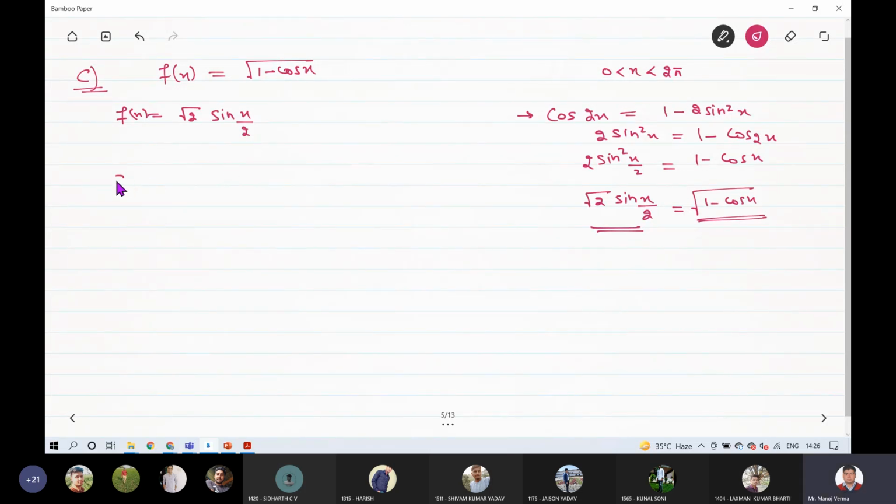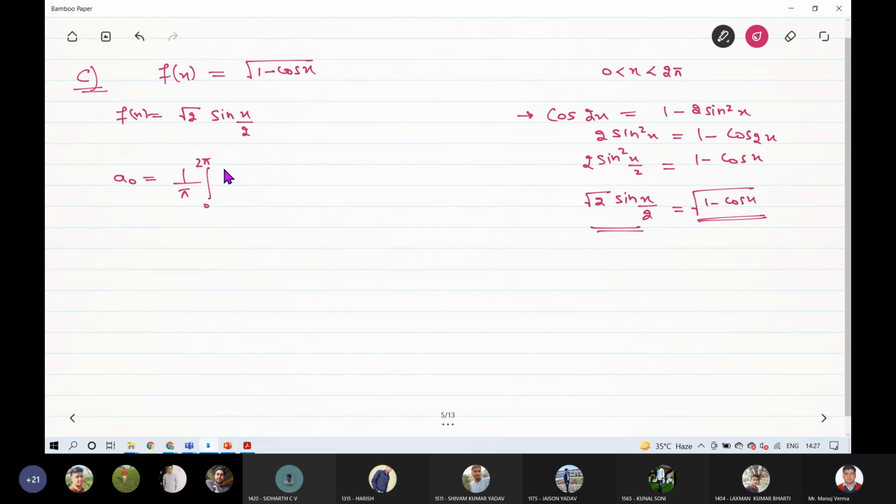So again, I will be finding a naught, which will be equal to 1 over pi, integral 0 to 2 pi. Now I am directly writing the function instead of writing f(x), and in the next step I will be writing the value of the function. But in the exam you have to write the general expression for a naught first, and then insert the value of the function. In the exam you have 180 minutes, so on average for answering 4 questions you can take at least 40 minutes for each question.